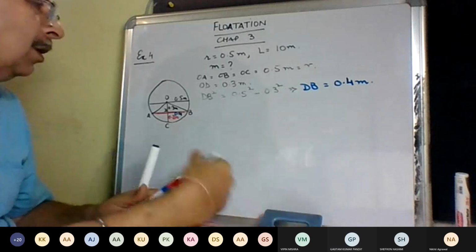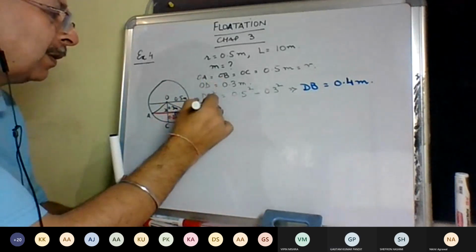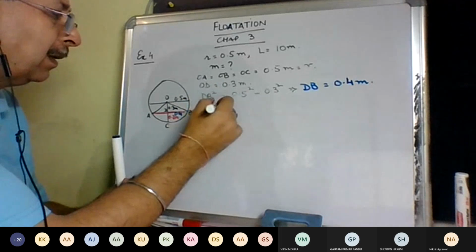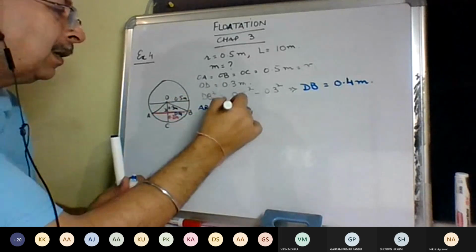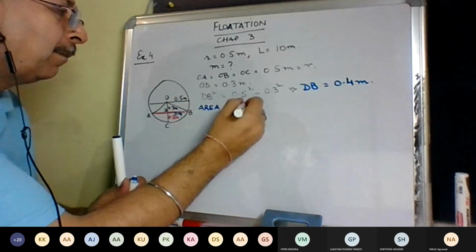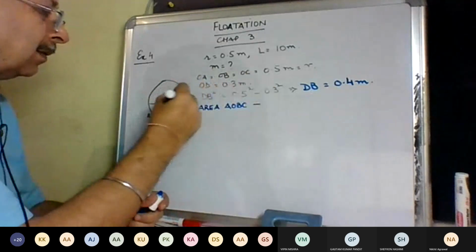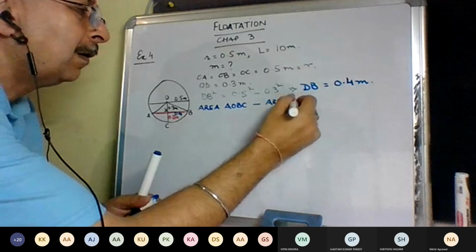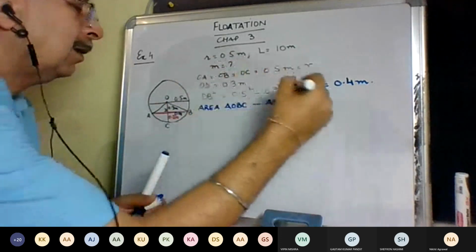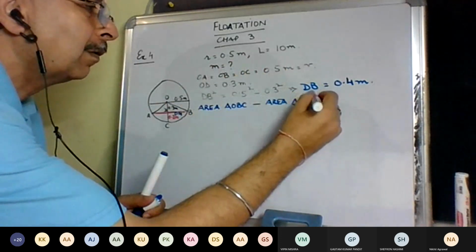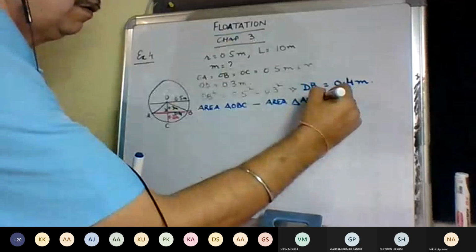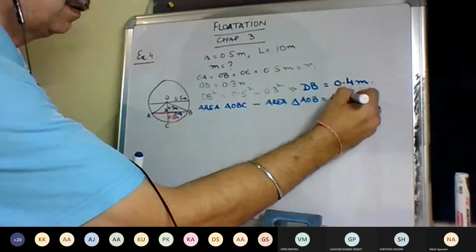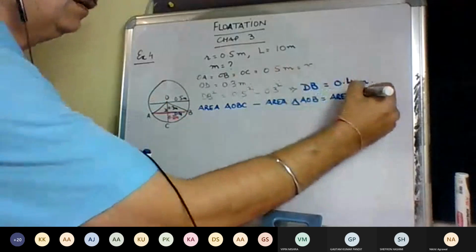So what I'm interested in is basically area AOBC minus area triangle AOB will give me area ACB.